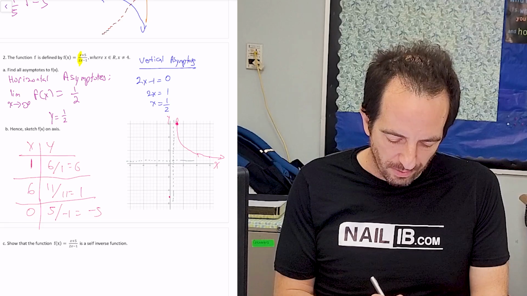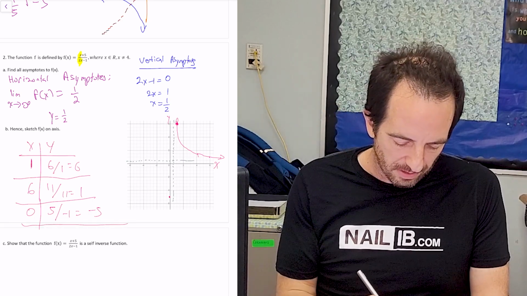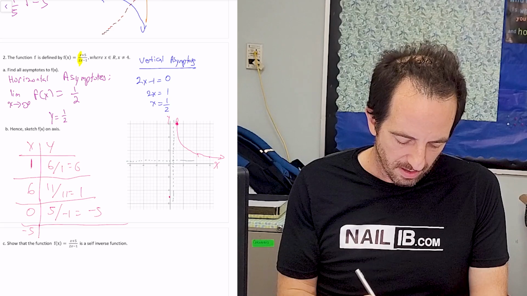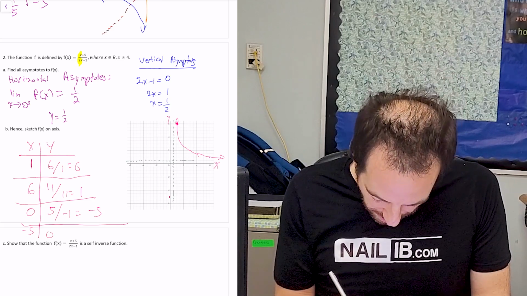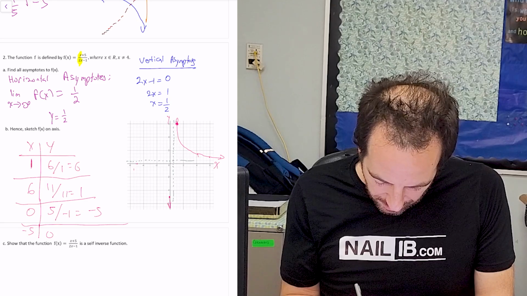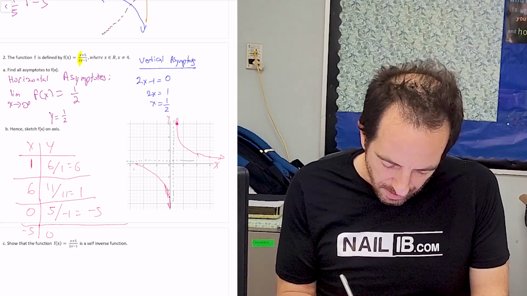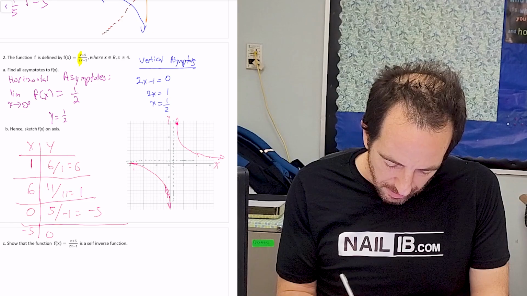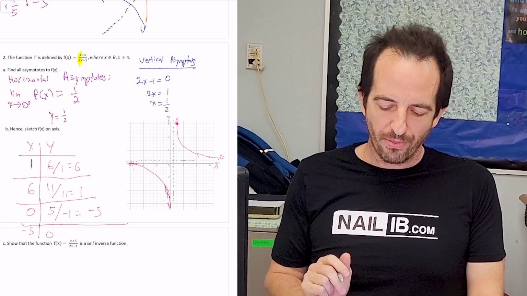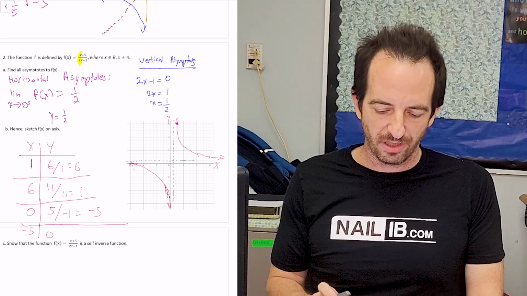And let's see, when will this function equal 0? That should equal 0 when x is equal to negative 5. And negative 5 is over here. And again, same process. If I sketched it pretty well, right, so those are my 2 quadrants where my function is located.